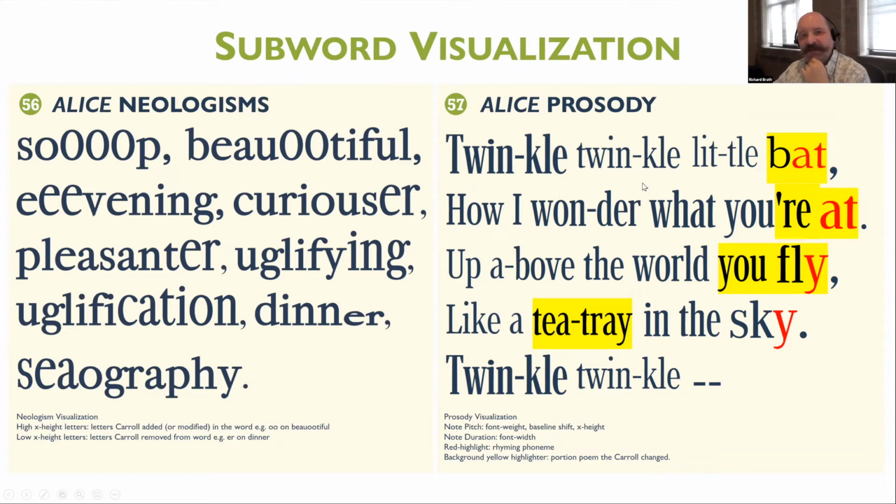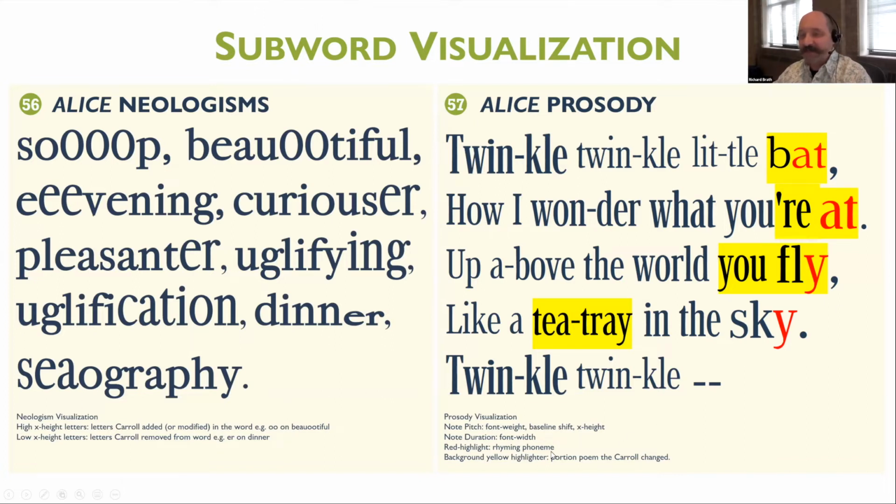He also has little poems and songs in Alice in Wonderland. And so you can create a visualization encoding that focuses on those musical qualities of that text. So Twinkle, Twinkle, Little Bat, for example, the words that Lewis Carroll ever so slightly modified are in yellow here.